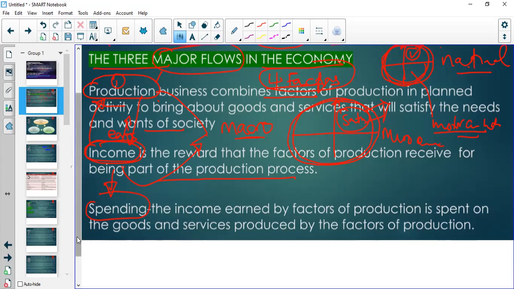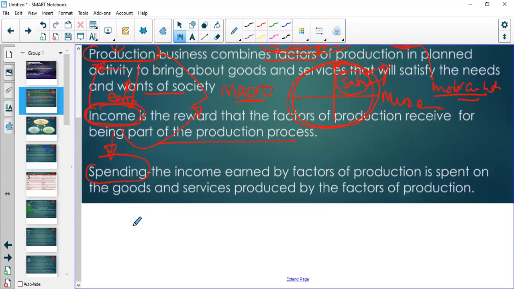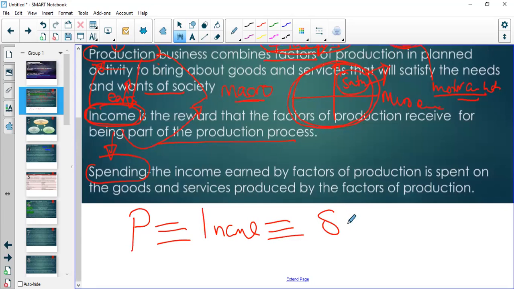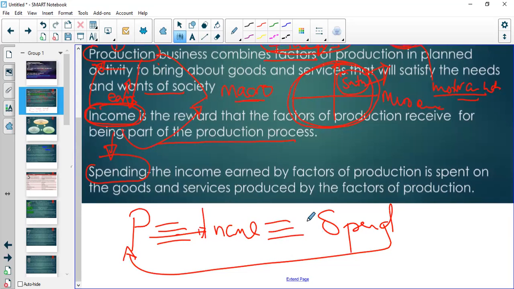We would expect in an economy the total production to be identical to the total income. And if people spend all their income, then that is also going to be identical to spending. You spend on those goods produced, and the production gives you income, which you spend on the goods. So it's more like a circular flow.